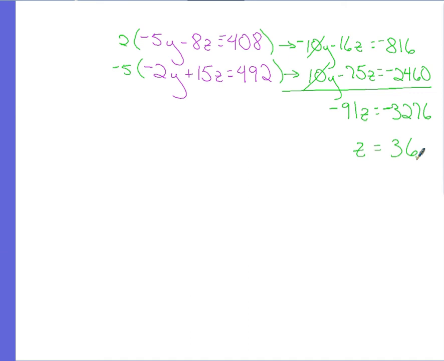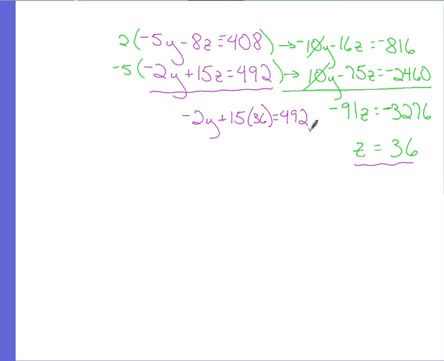Once we have z, think about how we usually work with elimination here. Want to go back, figure out y? Well, take one of these equations over here. That'll help us figure out y. If I take one of those equations over there, if I plug in 36 for z, well, let's see, I've got -2y plus 15 times 36 equals 492.